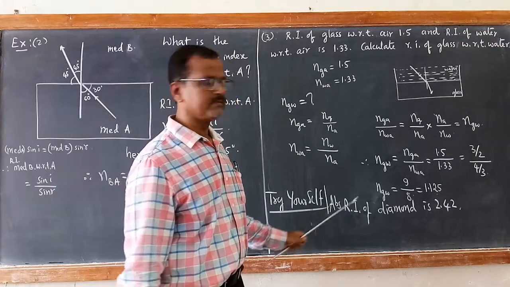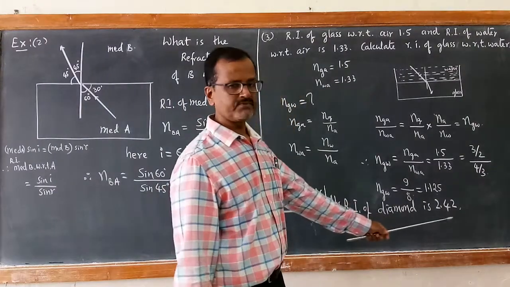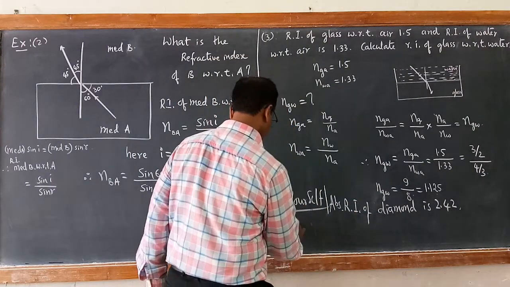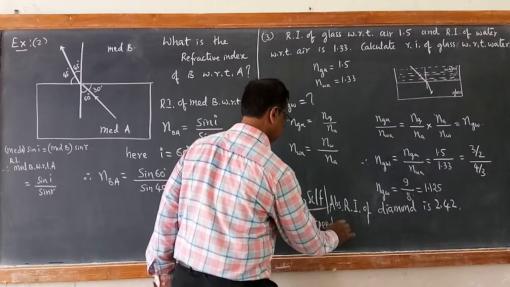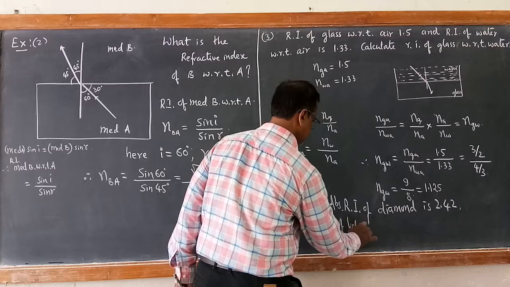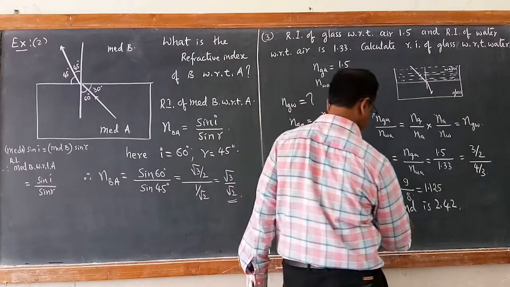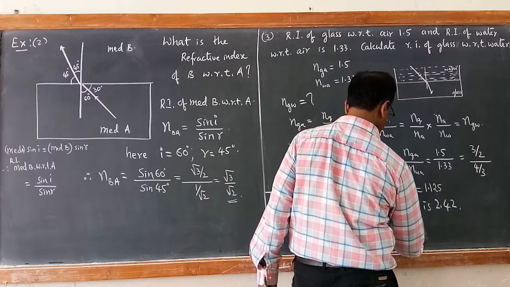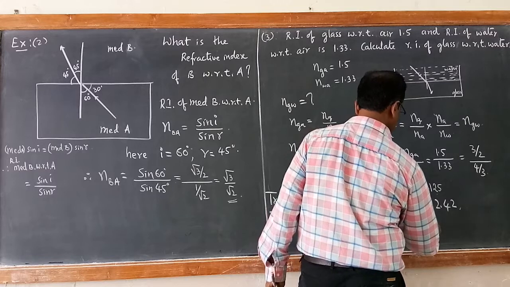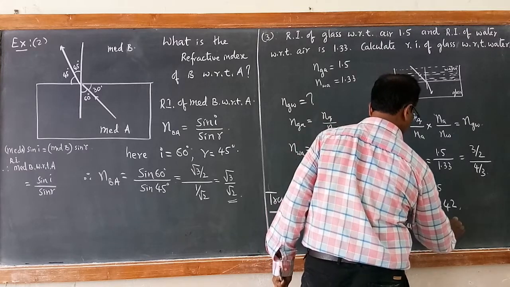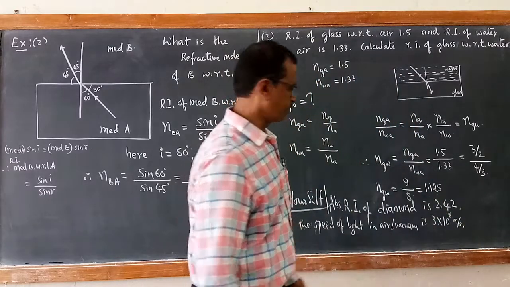Now the problem is very simple. The absolute refractive index of diamond is 2.42. If the speed of light in air or vacuum, always it will be given like this, in air or vacuum, is 3 into 10 to the power of 8 meter per second, what is the speed in diamond?